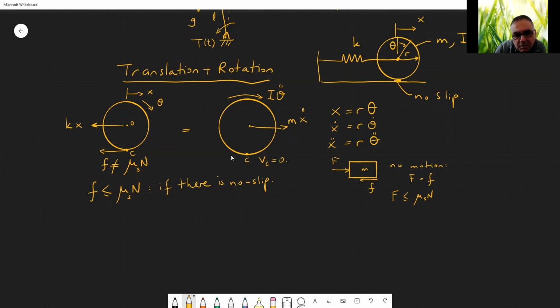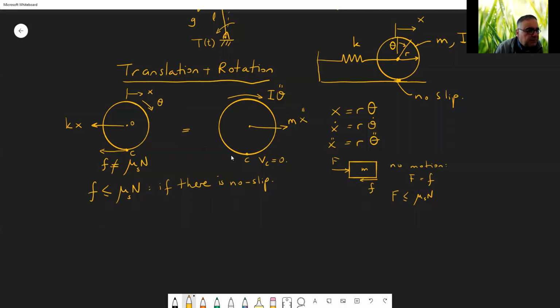So there is no motion only at the point of contact, which means that if there is no slip, the velocity of the point of contact should be 0, and our case is very similar to the translation one.